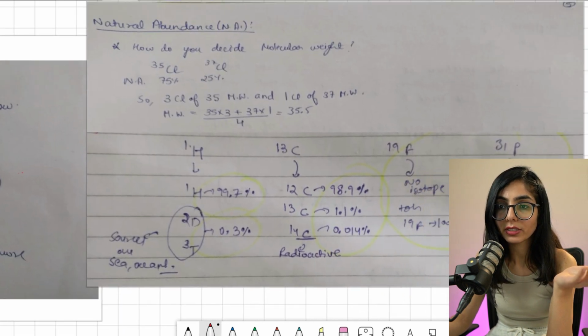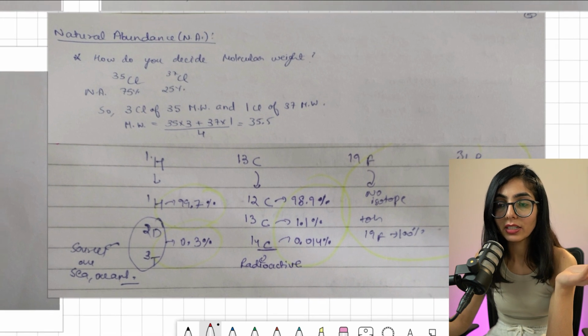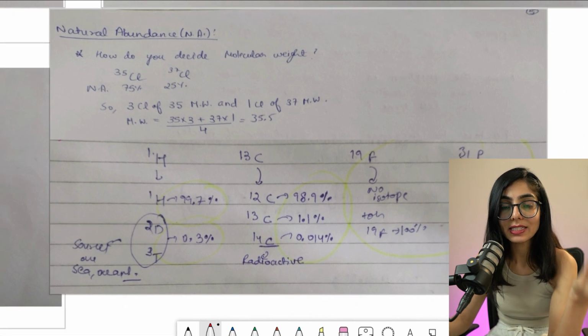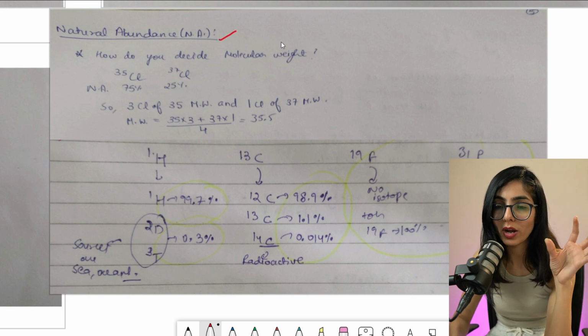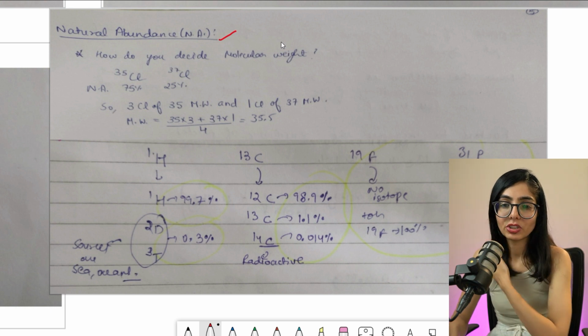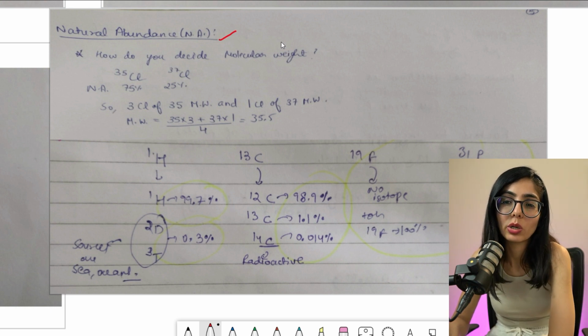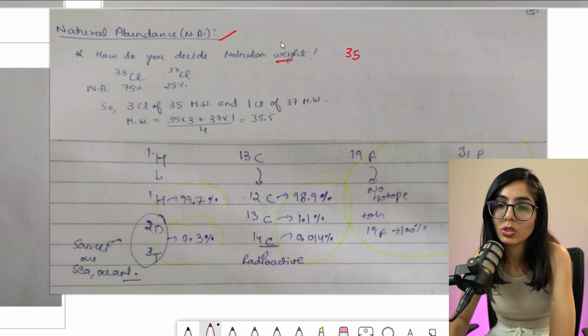So the second factor which aids in increasing the sensitivity is natural abundance. Before talking about natural abundance, I want to give you one very small tip on how you decide molecular weight mathematically. You must have seen that there are two isotopes of chlorine. So you never say that the atomic weight is 35 or 37, what is the molecular weight?